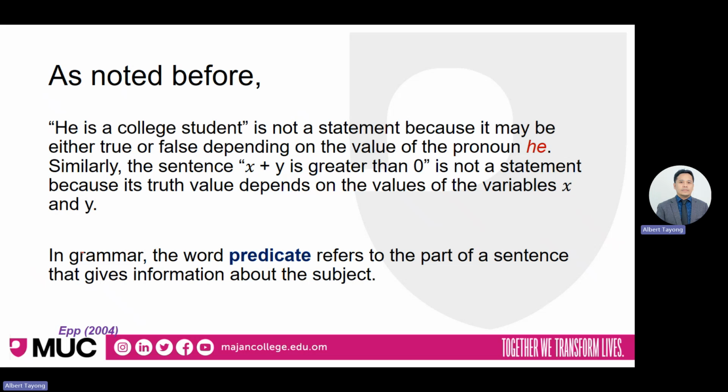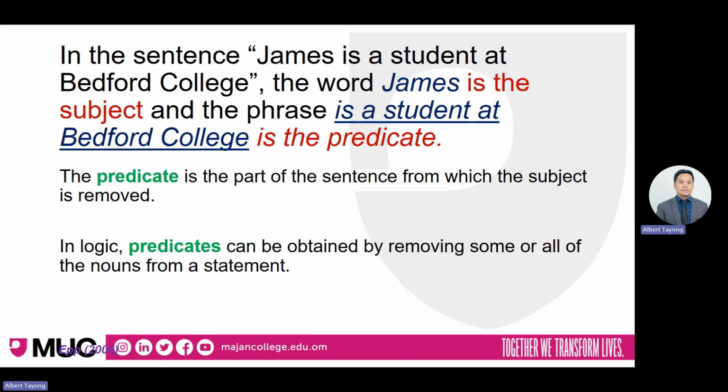In grammar, the word predicate is that part of the sentence that describes the subject. It gives information about the subject. The subject is the focus of the sentence, what we're talking about. For example, James is a student at Bedford College.